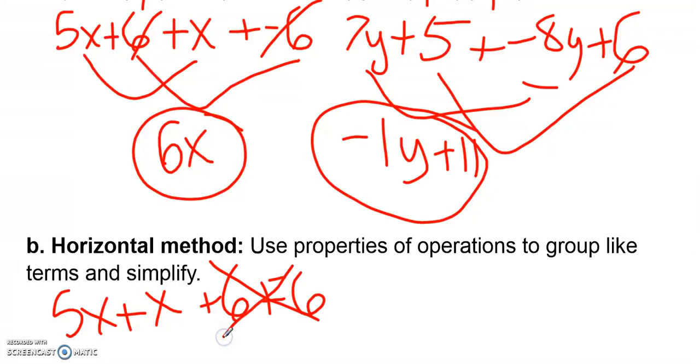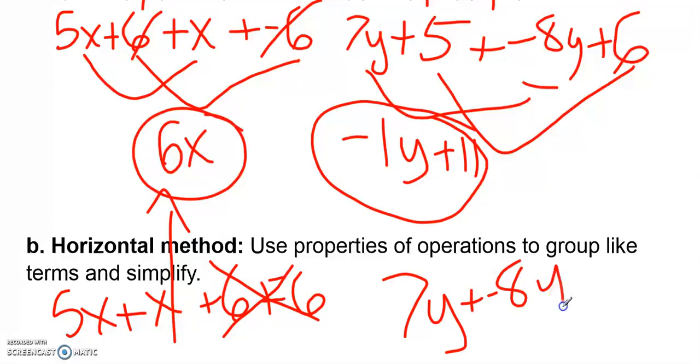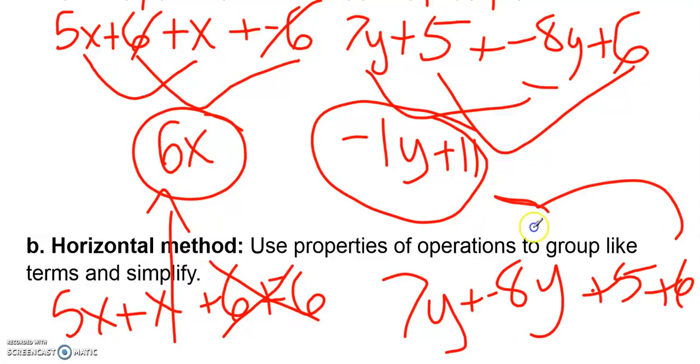These cancel. That gives us 6x. And then if I would have just rewrote this and then plus 5 plus 6, I would have ended up getting the same answer. Oops, that's backwards. Should have gone this way, but I did it backwards, so that's cool. But, you know, I'm not perfect. I can't do everything perfect, and I can't draw an arrow, apparently.